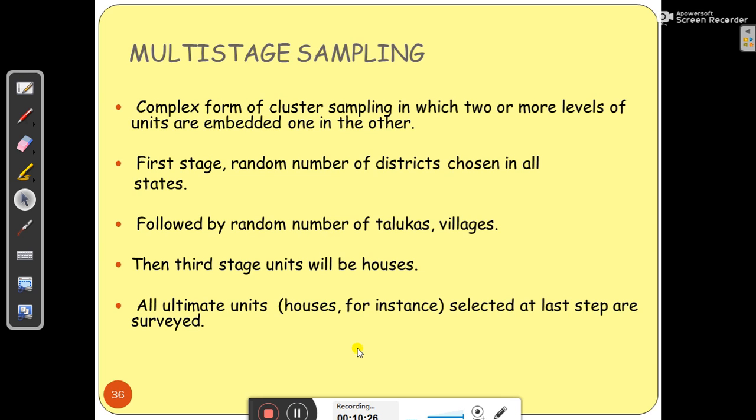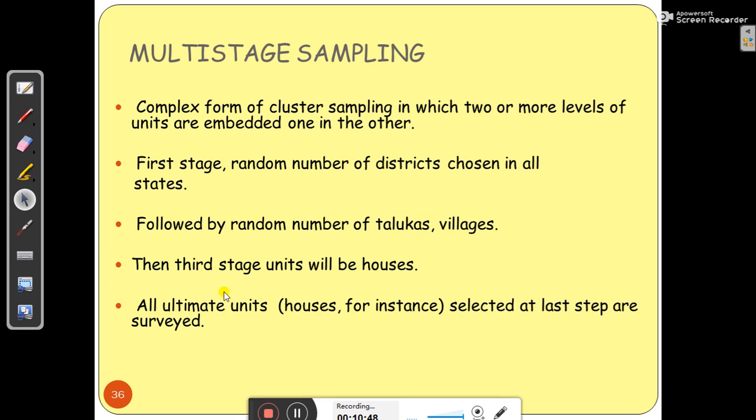So suppose you are going to do a survey, you first choose random numbers, try to cluster them, and then go for a random number of talukas or villages or societies or districts, or we can say towns or municipal areas inside those districts.